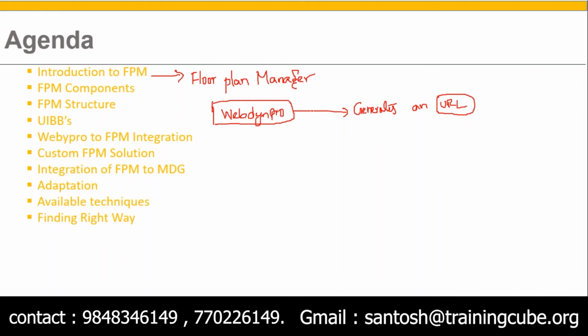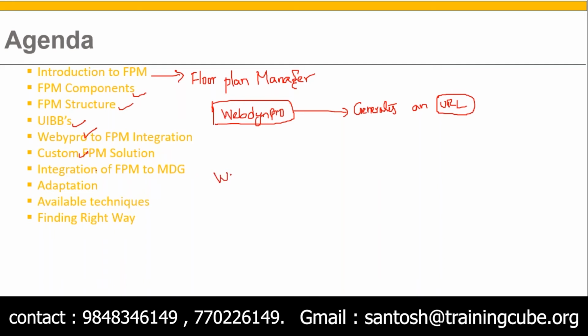So to understand the FPM, there are a few components in FPM to understand: the structure, the definition of UIBBs, and custom FPM application, Web Dynpro to FPM integration, integration of FPM to MDG.